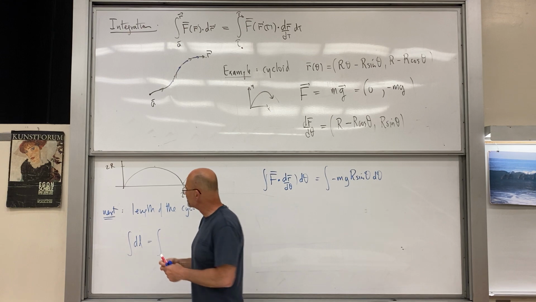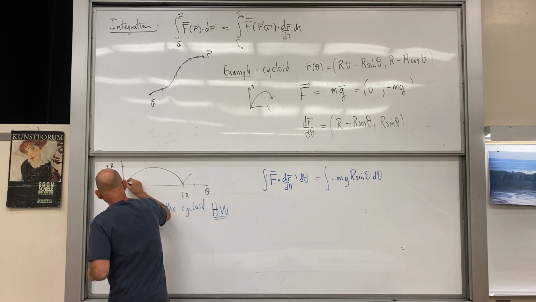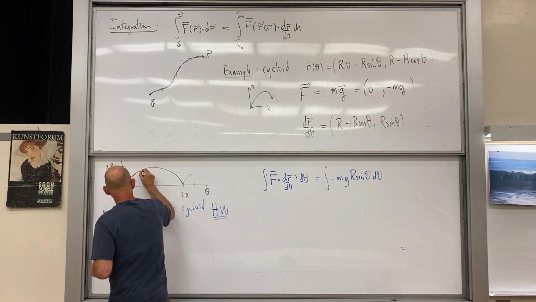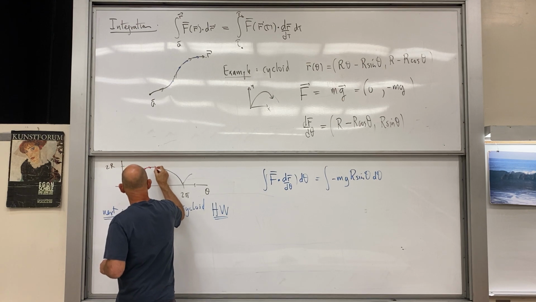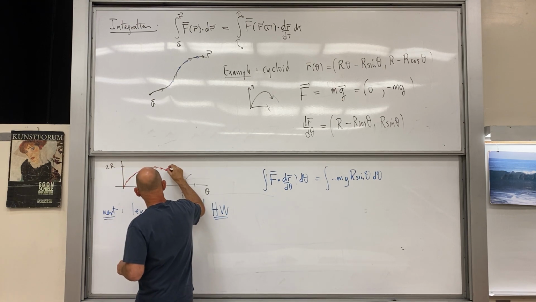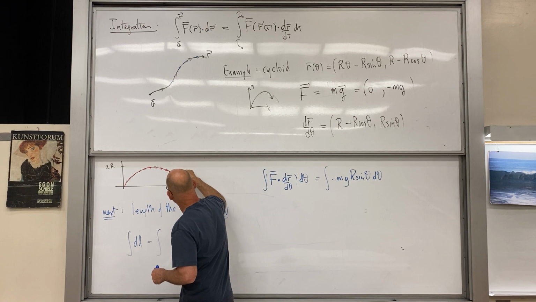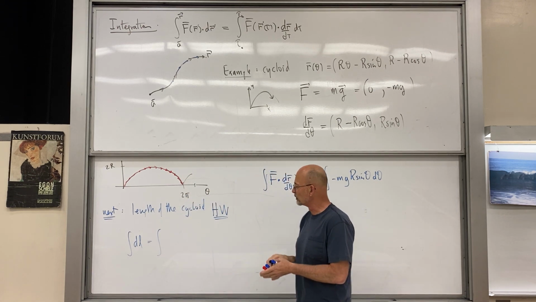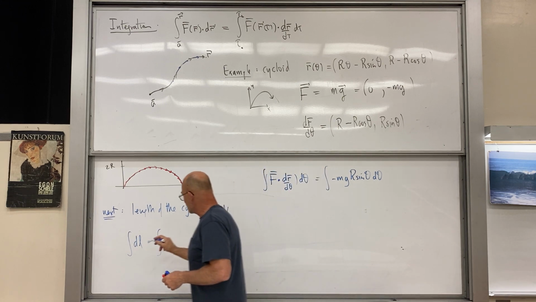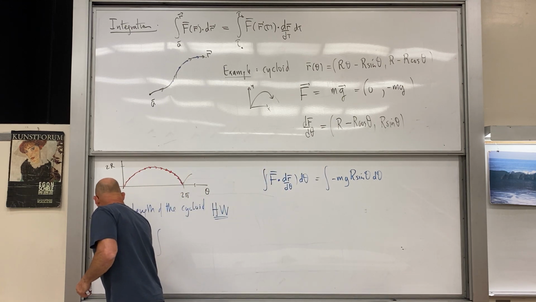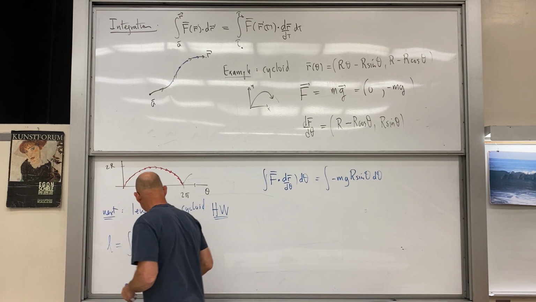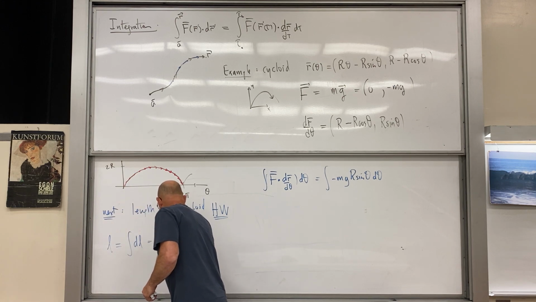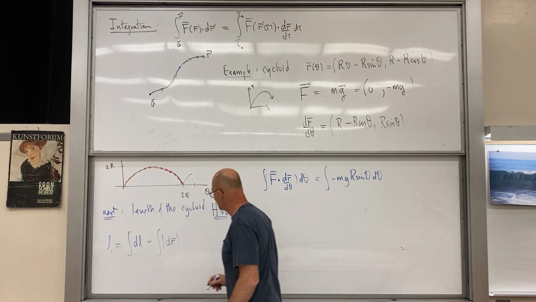And I'll draw a bunch of little dRs, as you know, infinitesimals. They would be like that, right? I'm going to get this expression in a couple of different ways. So the integral of dl to find out what the length is would be a summation, and we'll call it an integral, of a bunch of these little dRs in magnitude.